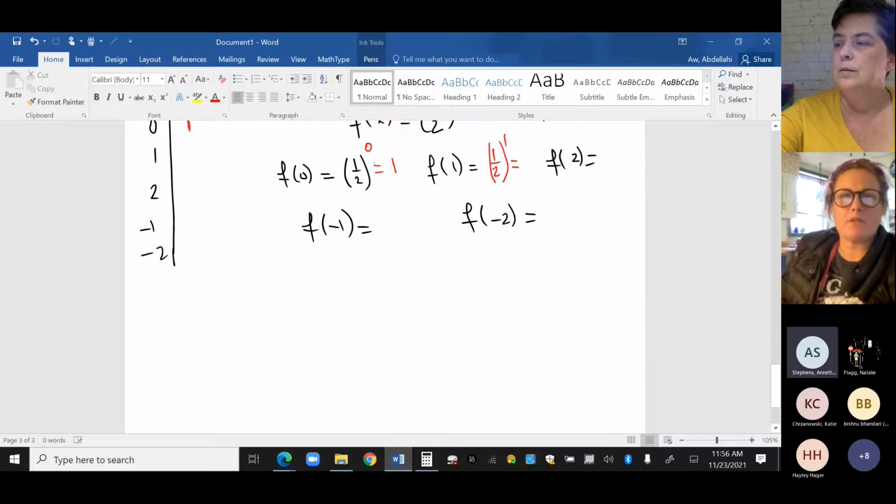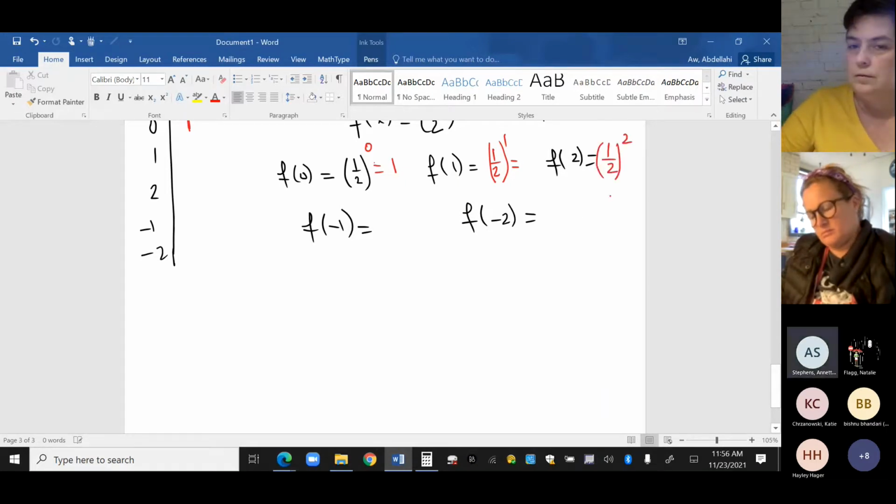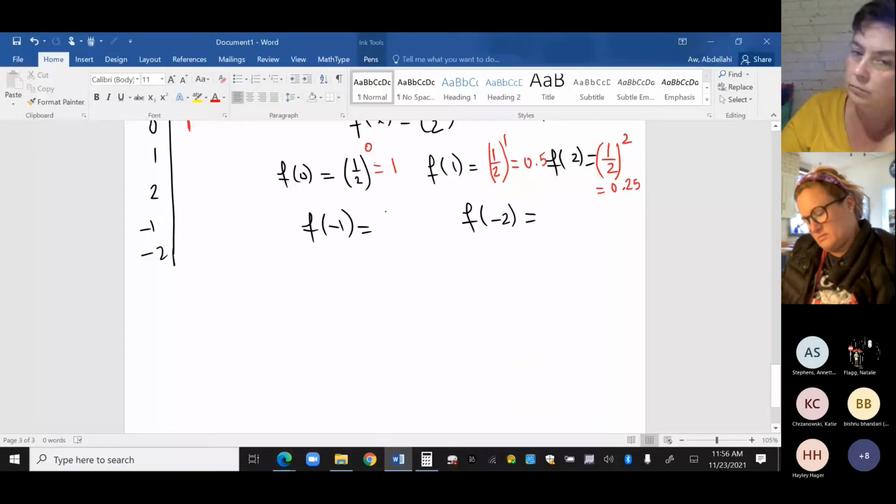All right. So what is f of 2? It is 1/2 to the second power. How much is that? 1/4, 0.25, right? This is 0.5, and this is 0.25, 1/4. Now comes this one. What is 1/2 raised to the -1 power?